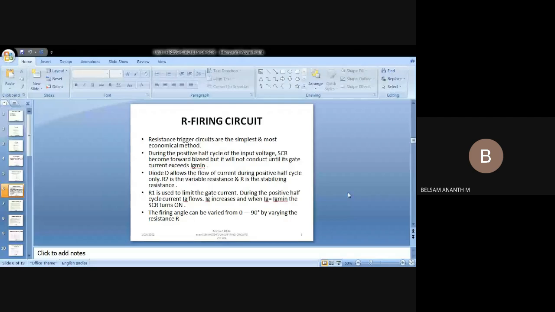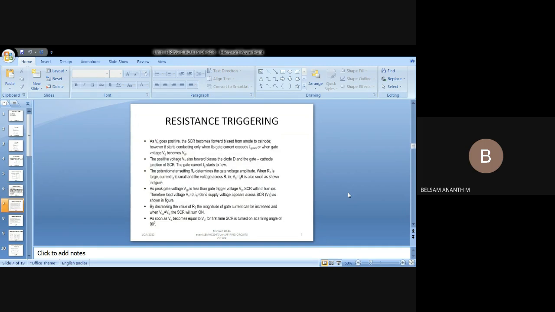So please remember, in your R firing circuit, with the help of a suitable resistance connected across the diode, you control the flow of current by changing the firing angle from 0 to 90 degrees. This is how resistance triggering happens.